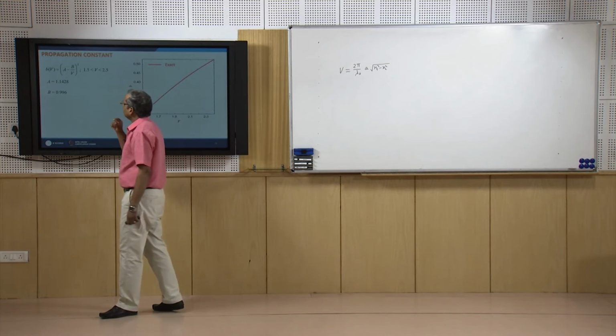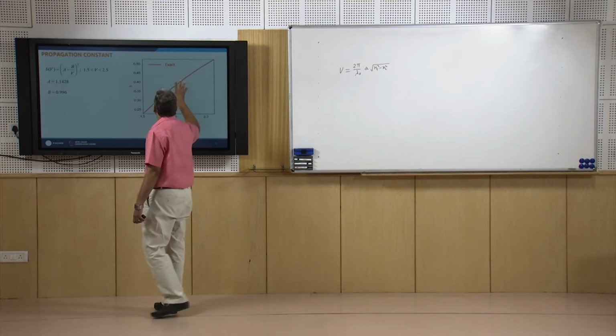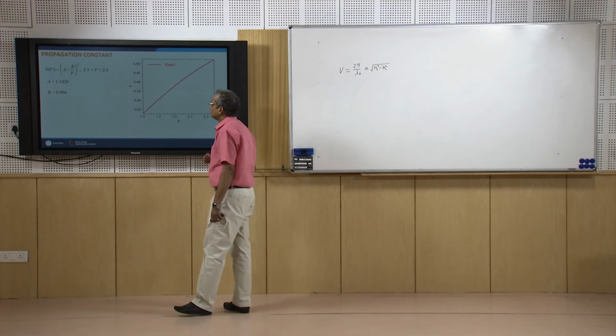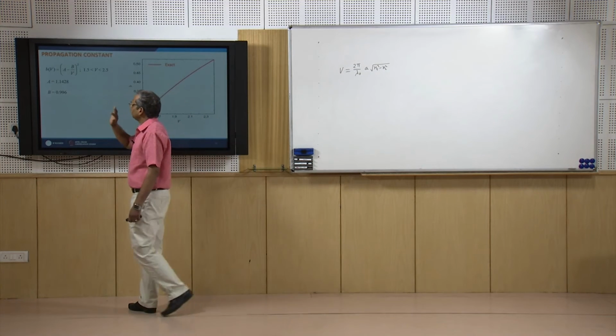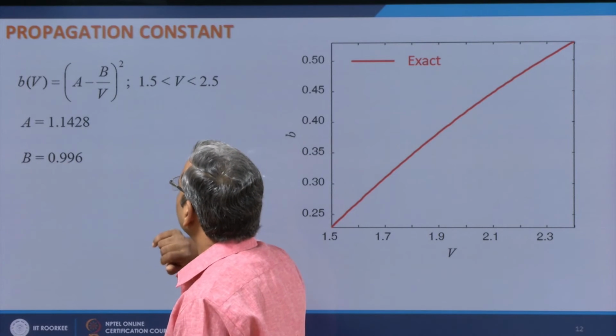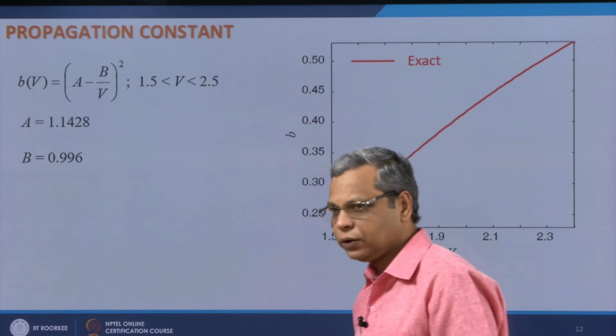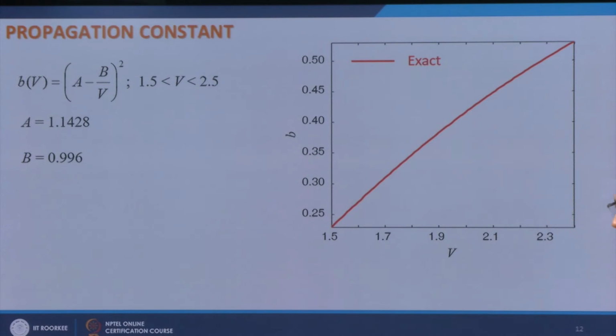It is seen that if you fit this equation to this curve, then it fits very well for A equal to this and B equal to this, in the range of V from 1.5 to 2.5.